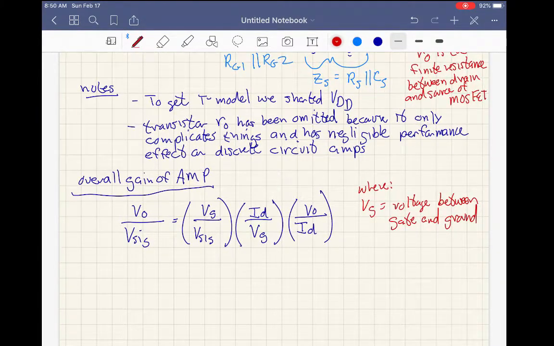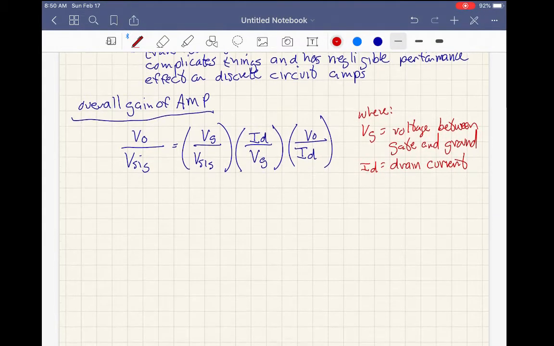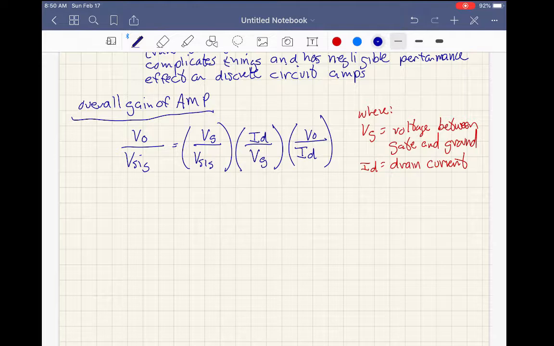So that's what VG is. What else? ID is a drain current. That's indicated on that diagram. So we have to find the voltage at the gate, basically VG. We've defined it, but how do we find it? So let's take a look at that.